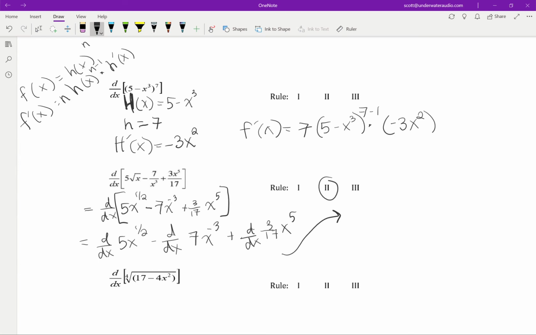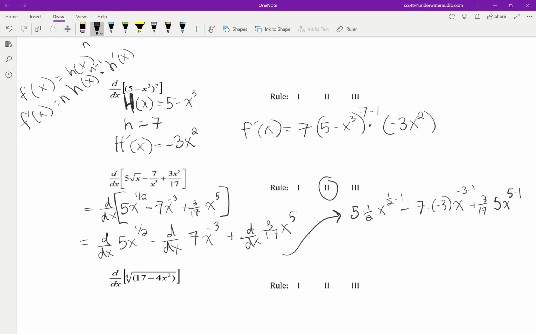Let's see. So for the first one, I get 5 times 1/2 x to the 1/2 minus 1. And then minus 7 times negative 3 x to the negative 3 minus 1. And then plus 3/17 times 5 x to the 5 minus 1.